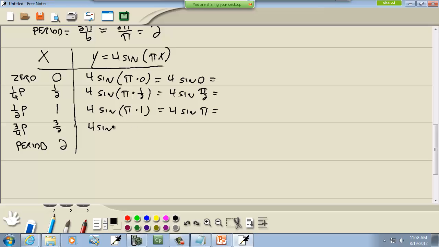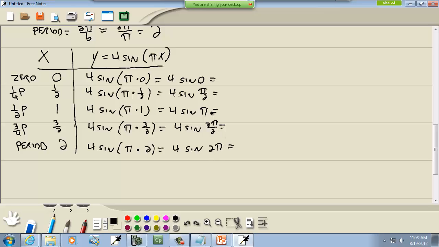This one is 4 sine of pi times 3/2, which is 4 sine of 3 pi over 2. And you can probably guess again what this is. This is pi times 2, which is 4 sine of 2 pi.